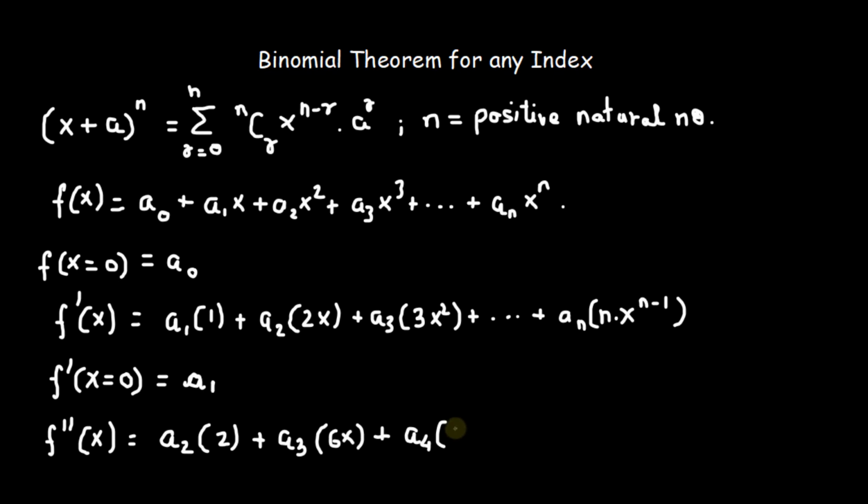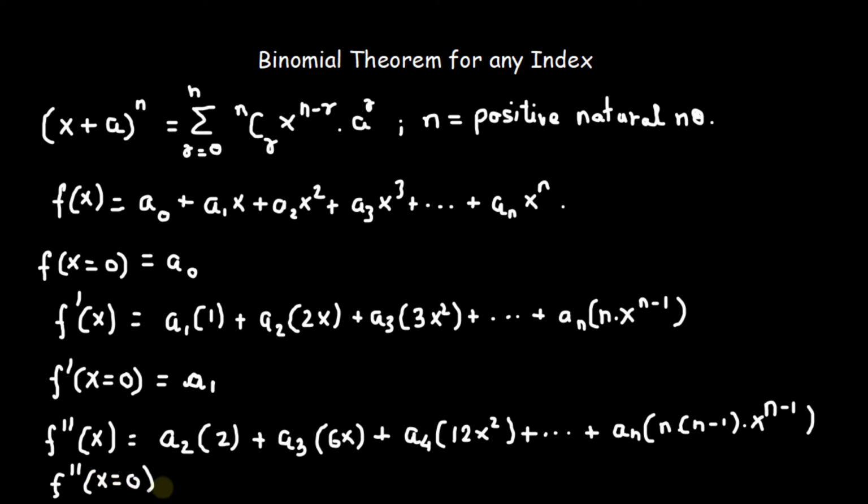So the derivative of 4x cubed will be simply 12x squared, plus all the way up to the nth term, which is simply going to be an times n times n minus 1 times x raised to the power n minus 2. Now we find the value of f double prime of x calculated at 0. That gives us only the first term, which is simply twice a2.